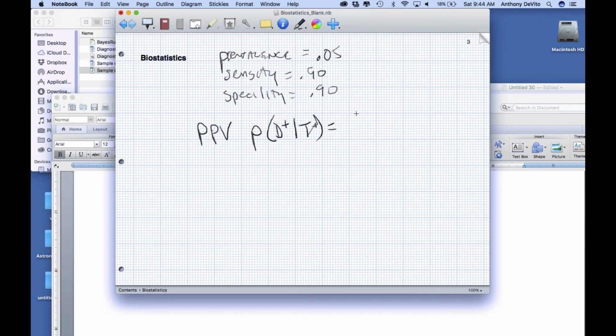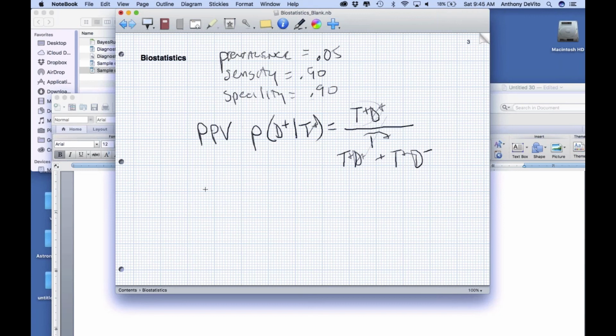It's the number of people that test positive that also have the disease, over the total number of people that test positive. That's going to include people that tested positive that have the disease, just like the top, plus the number of people that test positive that don't have the disease. So that's where that weird formula that we were working with comes from.